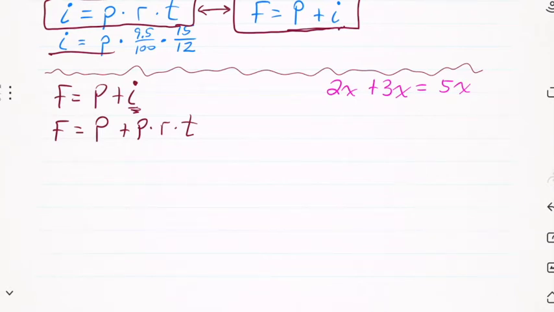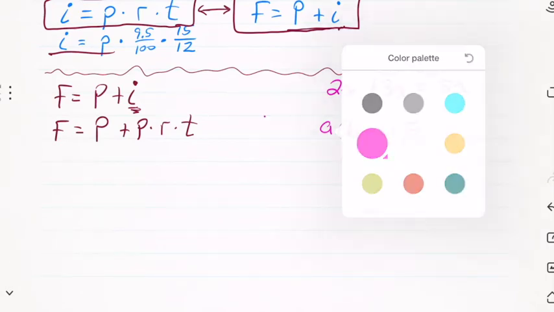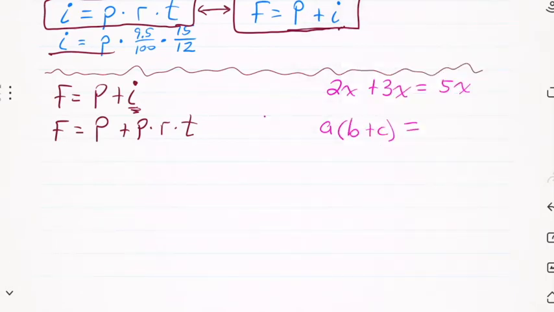So there is a property in math called the distributive property. And it pretty much works as you have a number a times a set of parentheses that has addition or subtraction in it, b plus c. And we can just expand this as a times b plus a times c.